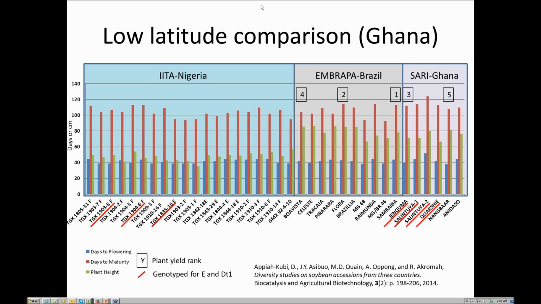And I don't believe Sprite, which is a semi-dwarf, so a determinate group 3, has that particular allele, so that's a little bit confusing to me. But everything from Africa that I have genotyped, and I say I, but I really mean Carrie, we've done it now by sequencing because we don't have assays for all of the alleles, but each one of the African lines has a determinate allele.